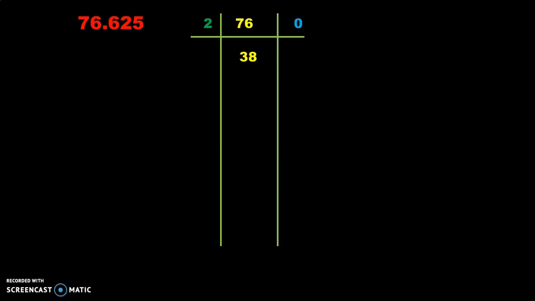So 76 divided by 2 comes to 38, and the remainder will be 0. In the same way, if we divide 38 by 2, the answer will be 19, and again the remainder will be 0. If we divide 19 by 2, the answer will be 9 and the remainder will be 1. 9 2s are 18, so 19 minus 18, the remainder will be 1.